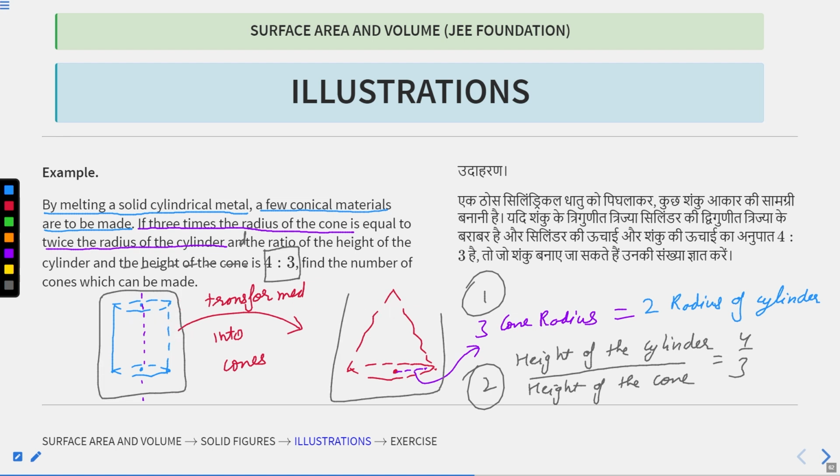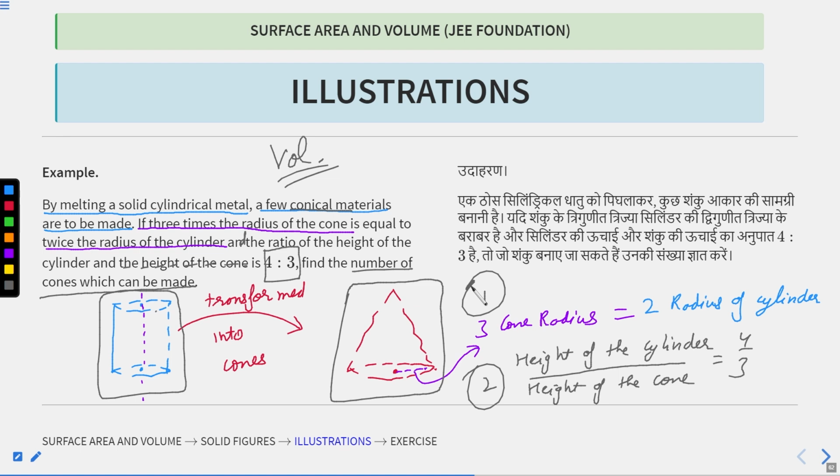So what we have to find out is a question of volume, because we have a solid cylindrical metal, and we have to make solid conical materials. I hope this question is very clear to you, and the information given to us is also clear.